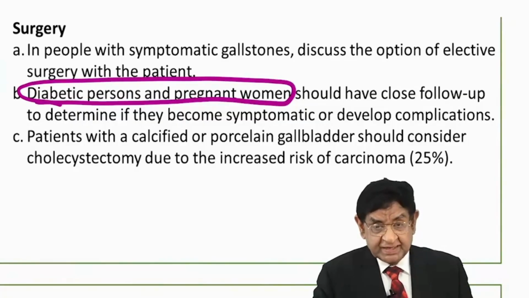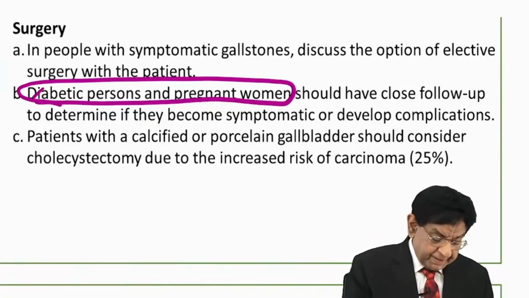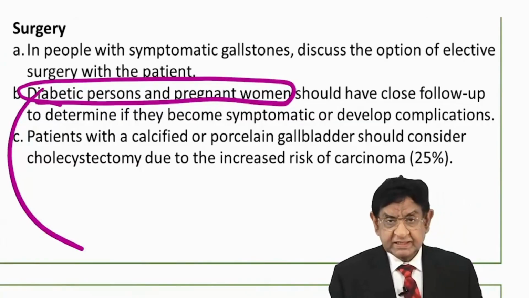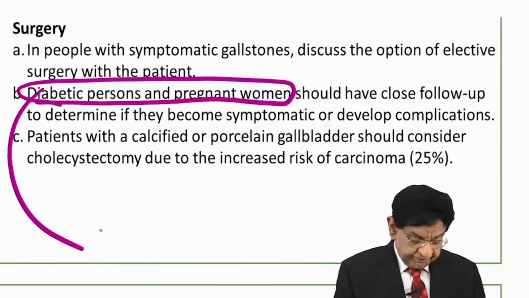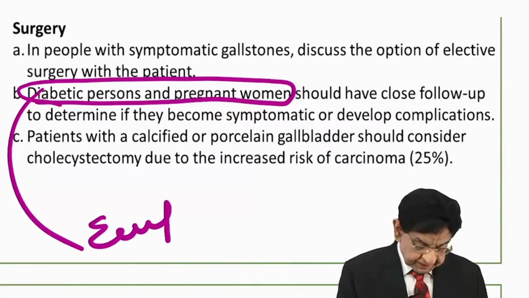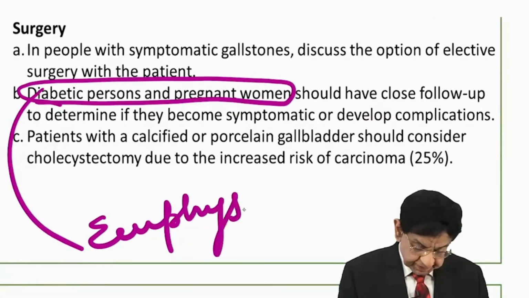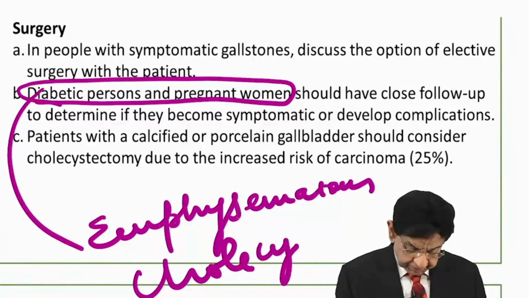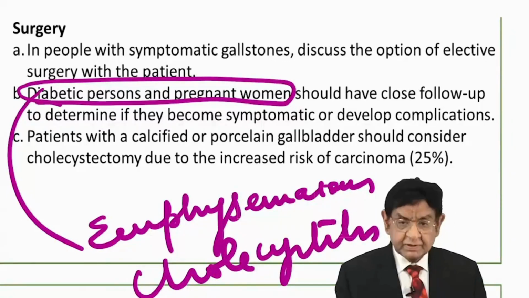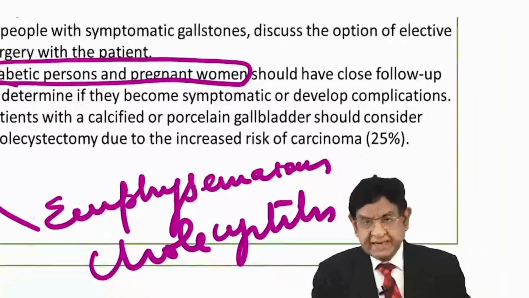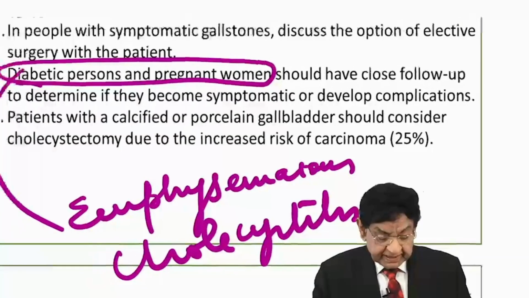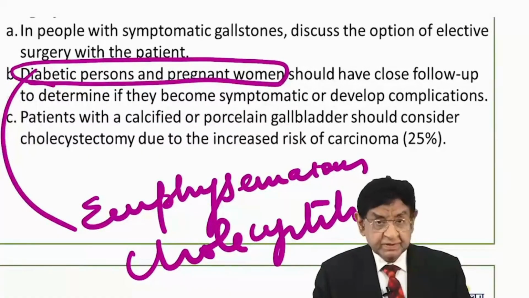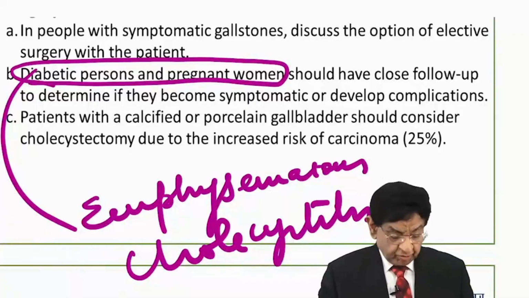There's a reason behind that. As far as diabetic patients are concerned, they can develop emphysematous cholecystitis. The patient may develop gas in the gallbladder. A pregnant lady again can have other problems. About this I'll be discussing later on.